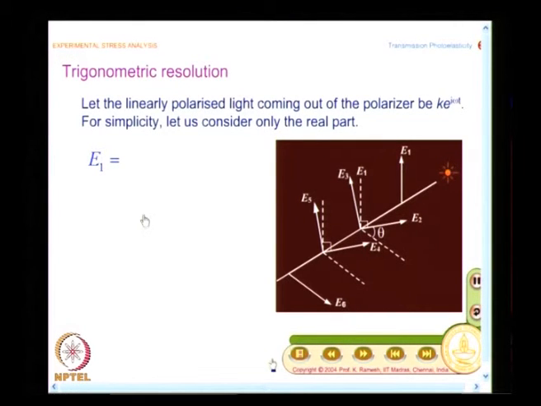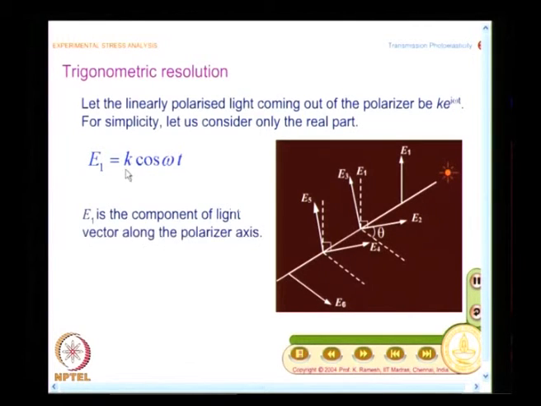What we will do is simply write E1 as k cos omega t. So, I have an amplitude, and this is cos omega t, and you have to recall, when we discussed retardation plates, this is the input polarized light that hits the model.